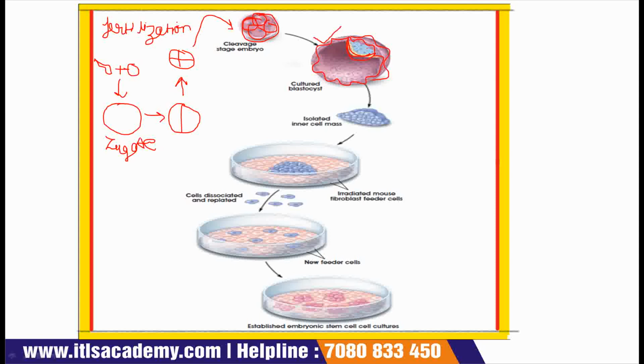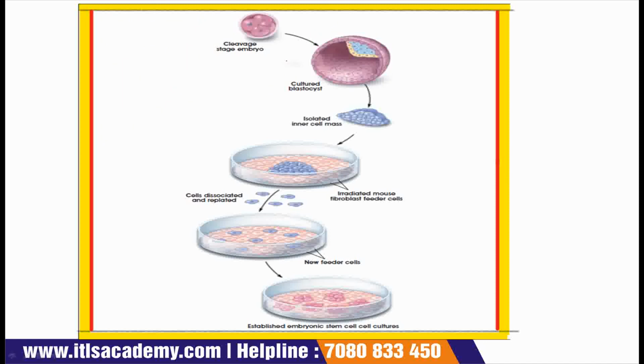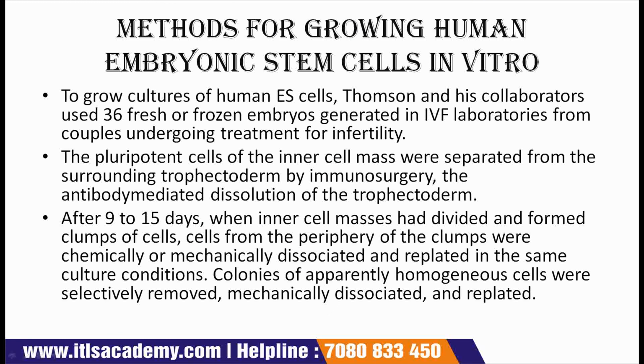This blastocyst is cultured in vitro, that is, outside the body. This is the cultured blastocyst. After culture, the inner cell mass is separated from the trophoectoderm. And how is it separated? By the technique we have studied, immunosurgery.